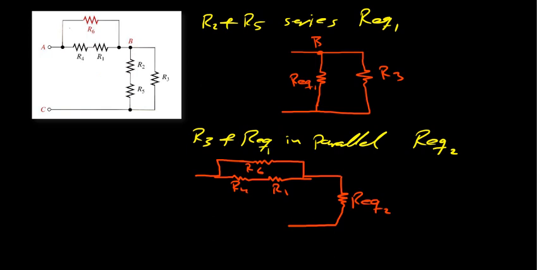Now let's continue with the circuit. What I have now is repetitive of what we did with the region R2 and R5, but in this case it is R1 and R4. They are in series, so I can say, all right, this is R1 and R4 in series.